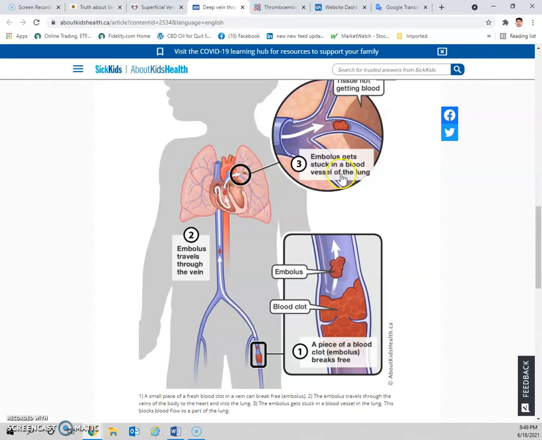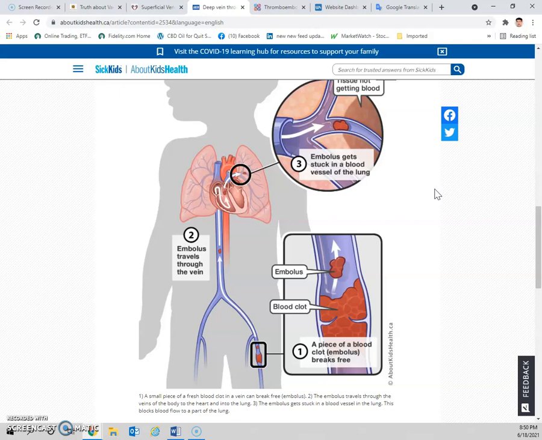The clot gets stuck in the blood vessel of the lung. If you don't treat it immediately, the clot can block the blood vessel and cause serious damage. That can cause death, because if you have a big clot, you block large vessels, and the lung is not going to get nutrition. That is a serious outcome.